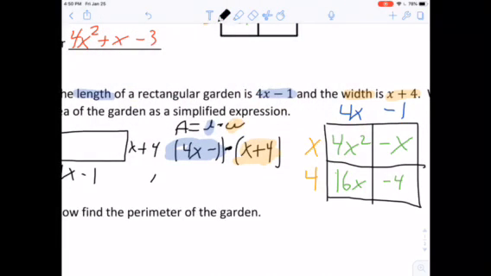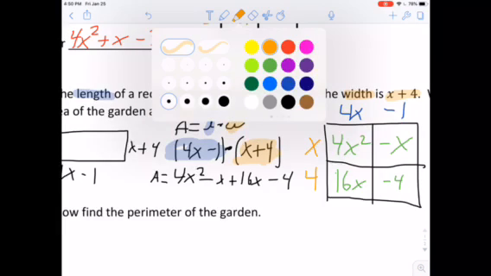So area now equals 4x squared, a negative x, a positive 16x, and a negative 4.